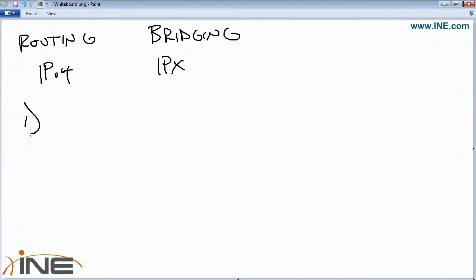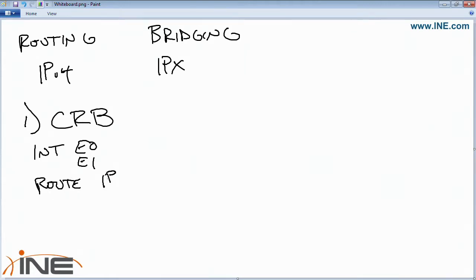So they first introduced the concurrent routing and bridging feature, which means that on interfaces, let's say E0 and E1, we could route IP, and then on interfaces E2 and E3, we could bridge IP, but we're not mixing the two of them together.